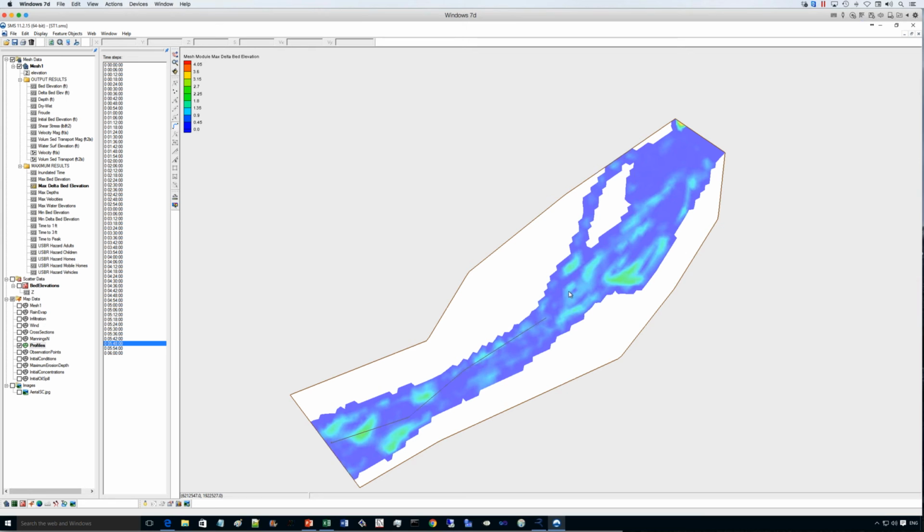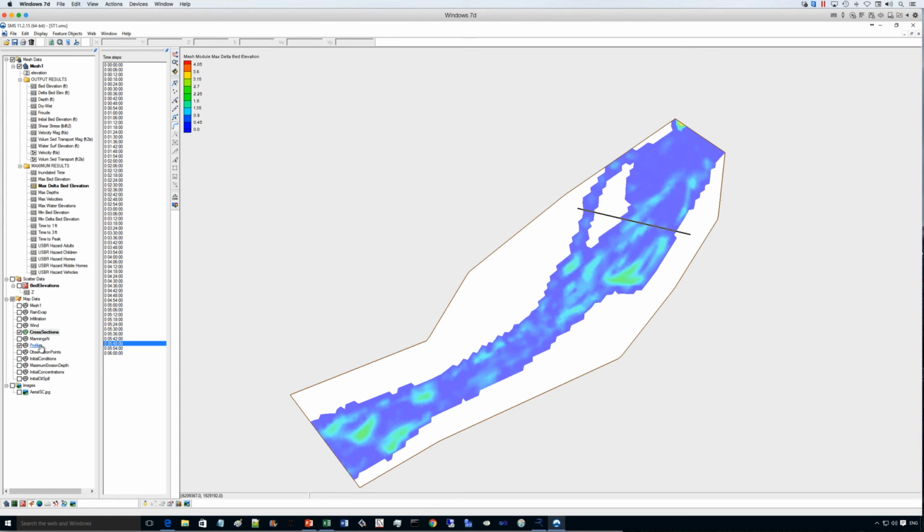So I will create a profile here, and you can also create cross sections. For example, let me create here a cross section, another cross section here, for example.